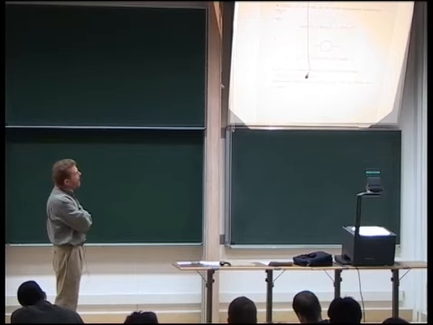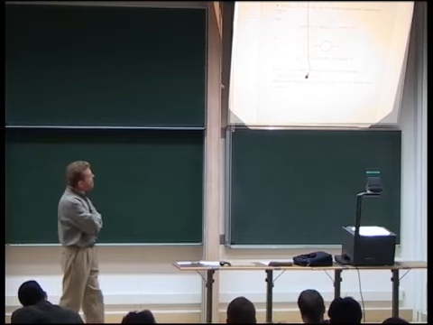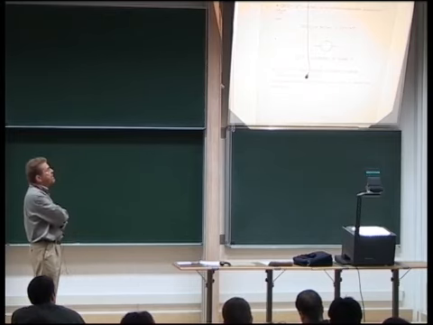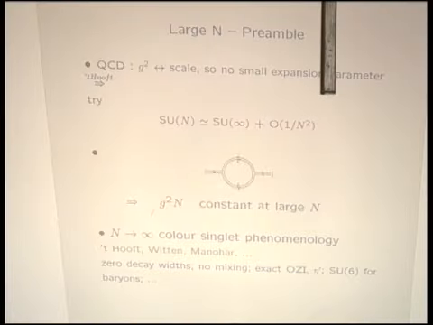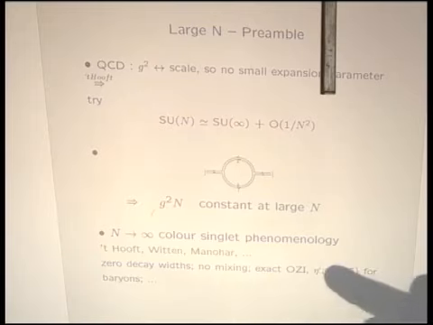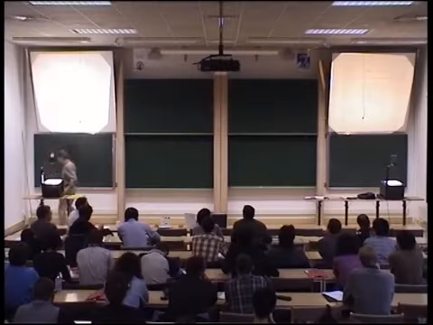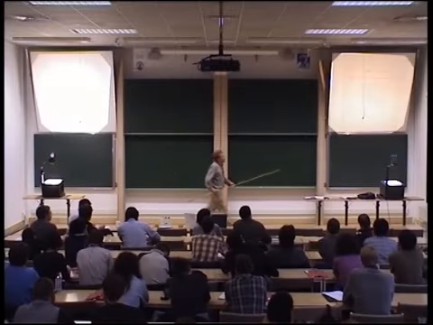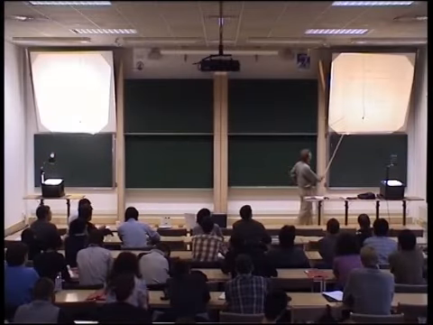And what one finds is there's quite a bit of phenomenology that you can understand in QCD, several things which are quite mysterious, like the OZI rule, as I point out down there. Is there a pointer here somewhere? Ah, there it is. So several things like the OZI rule and the fact that you have narrow decay widths.